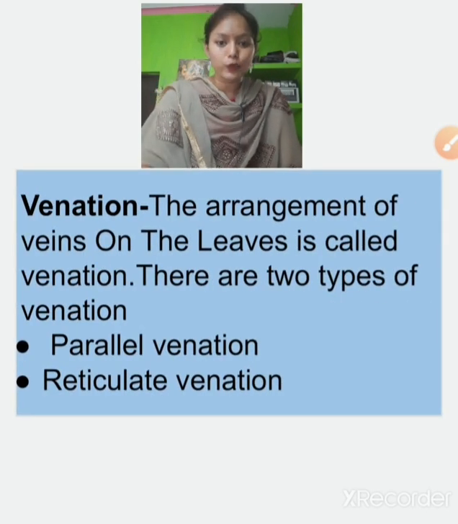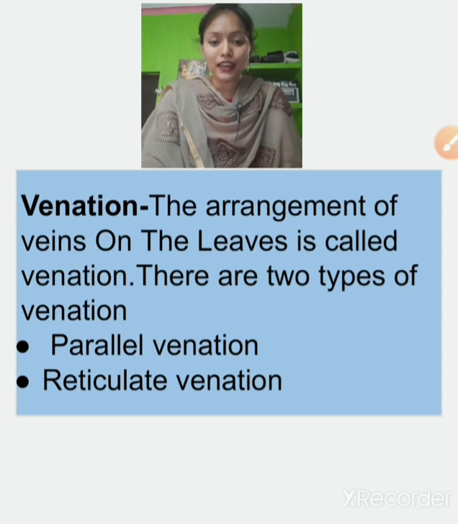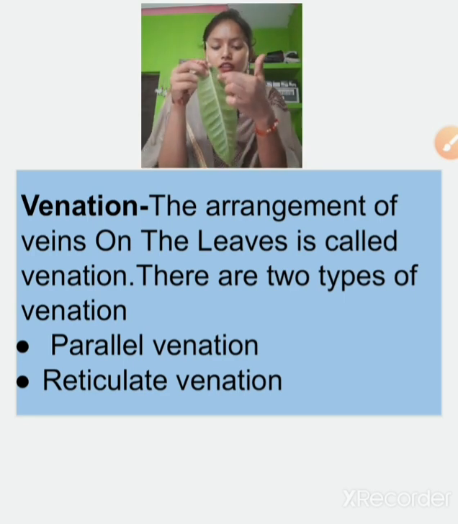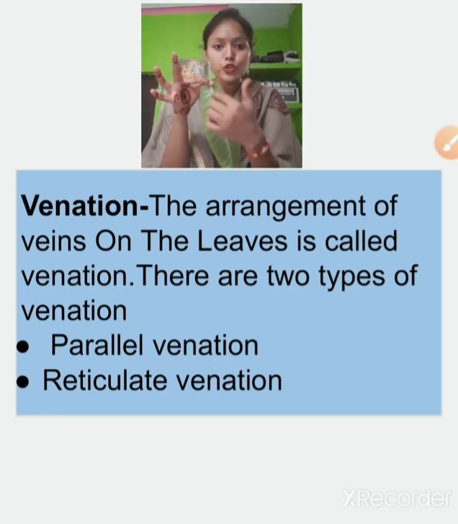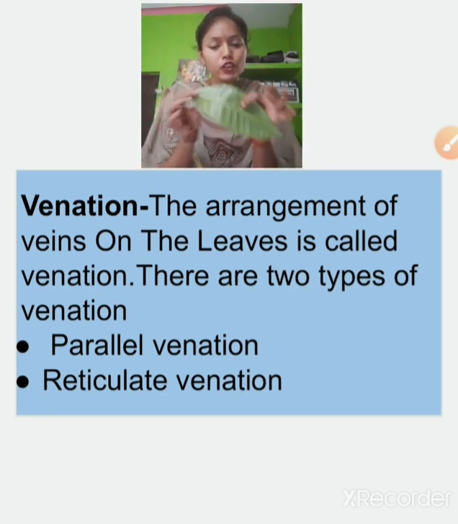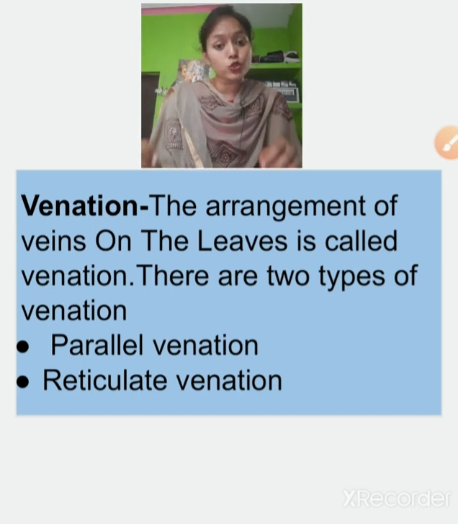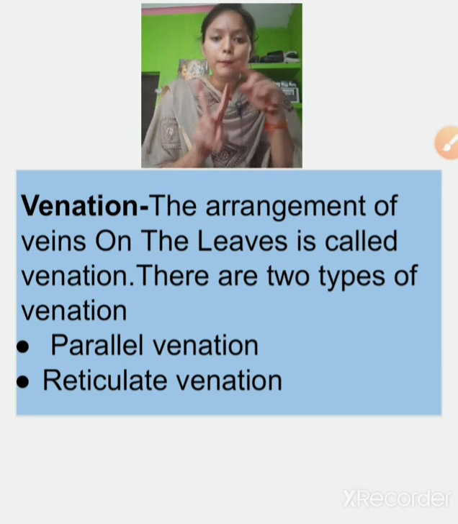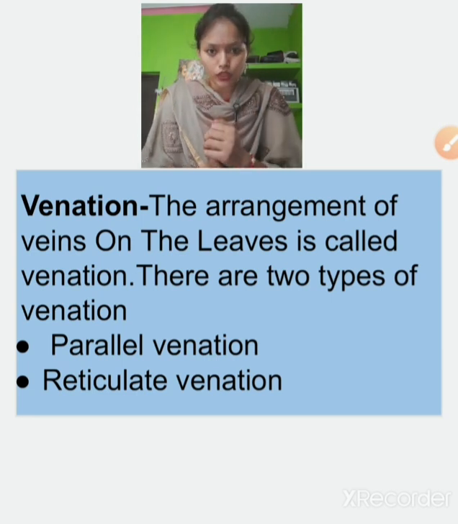After that we studied about venation, parallel venation and reticulate venation. What is venation? The design on the leaf. This arrangement of veins on the surface of the leaf is known as venation, and venations are of two types, parallel venation and reticulate venation.